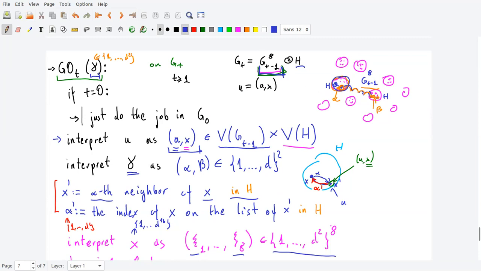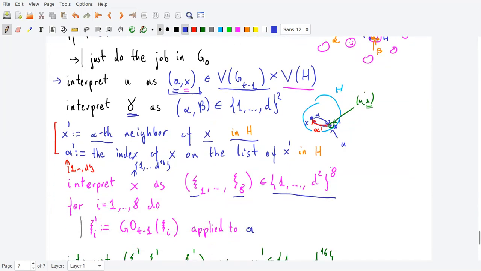So this vertex where I end up in this cloud tells me exactly which steps I should do in G_{t-1}, those 8 consecutive steps, because it tells me exactly what step I should do in this whole graph, this 8th power. So I can interpret now x', which is a vertex of H, as an 8-tuple of indices from 1 up to d squared.